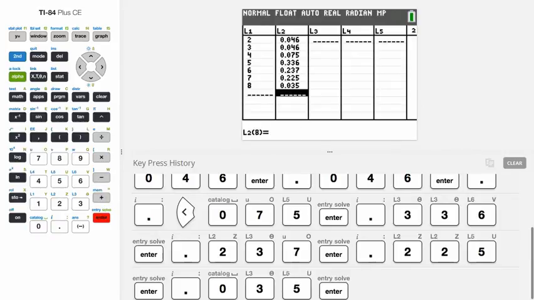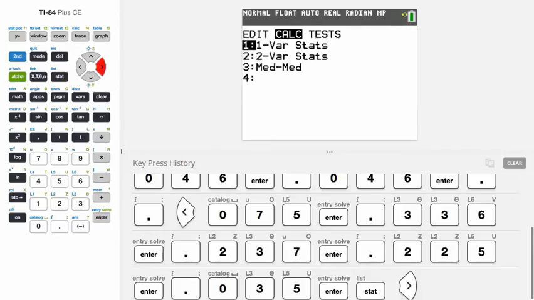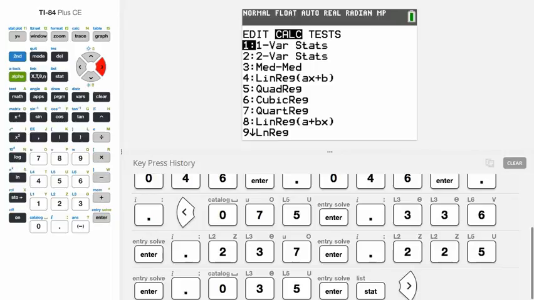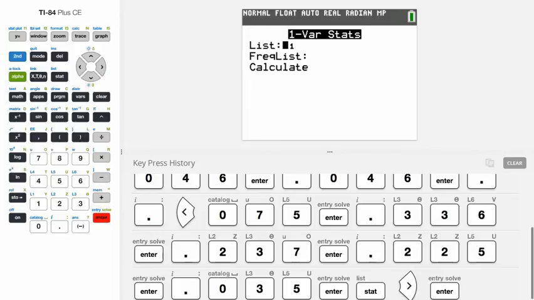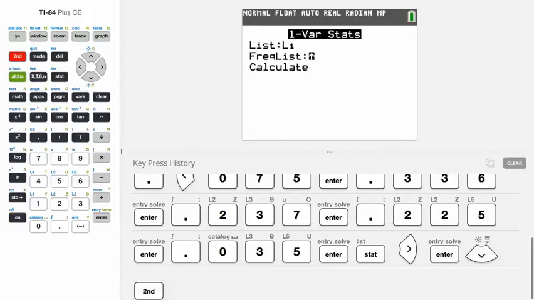Now that our data is entered, we want to go to Stat, over to Calc, one variable statistics, enter. We want to type L1 for our list, and second L2 for our frequency list.